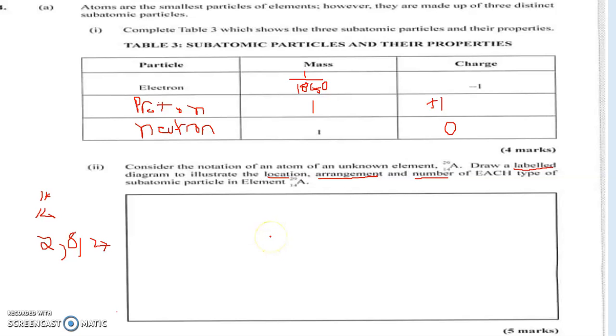So first we always have the nucleus, which consists of protons and neutrons. Let us draw this a little bigger.